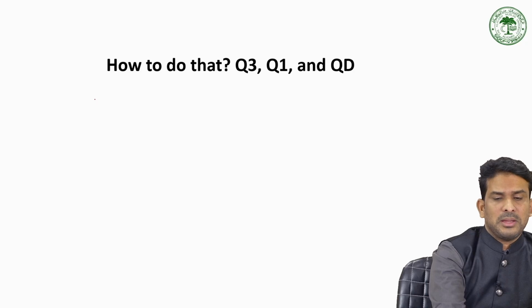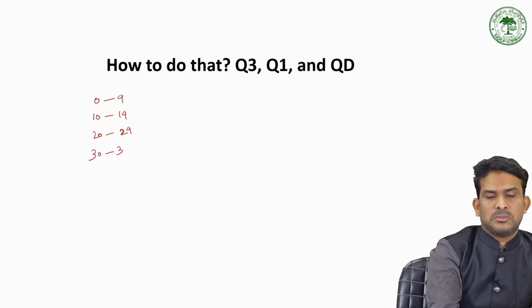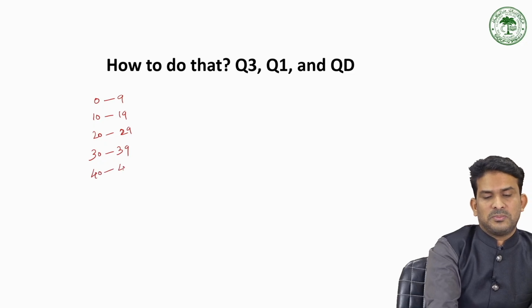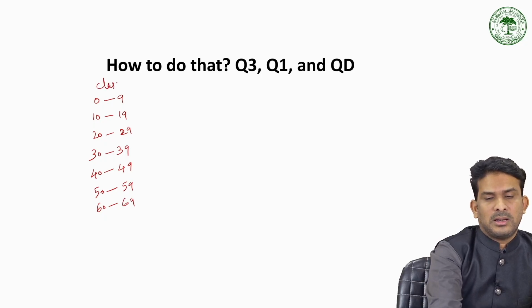The classes are 0 to 9, 10 to 19, 20 to 29, 30 to 39, 40 to 49, 50 to 59, 60 to 69. These are my classes.